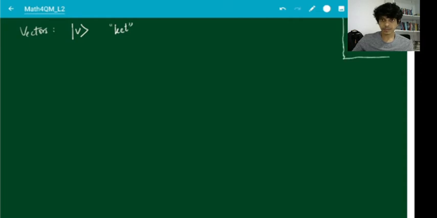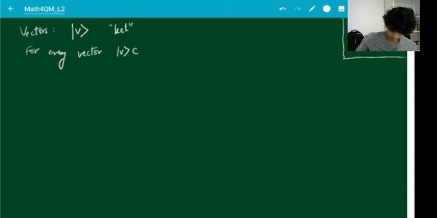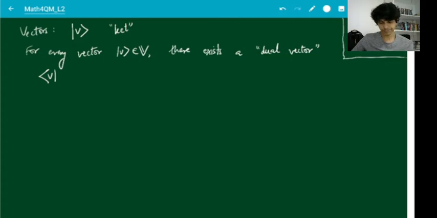And now what I'm going to say is that for every vector v in the vector space, there exists a dual vector, which we denote with this pointy bracket pointing the other way, and we call it the bra.